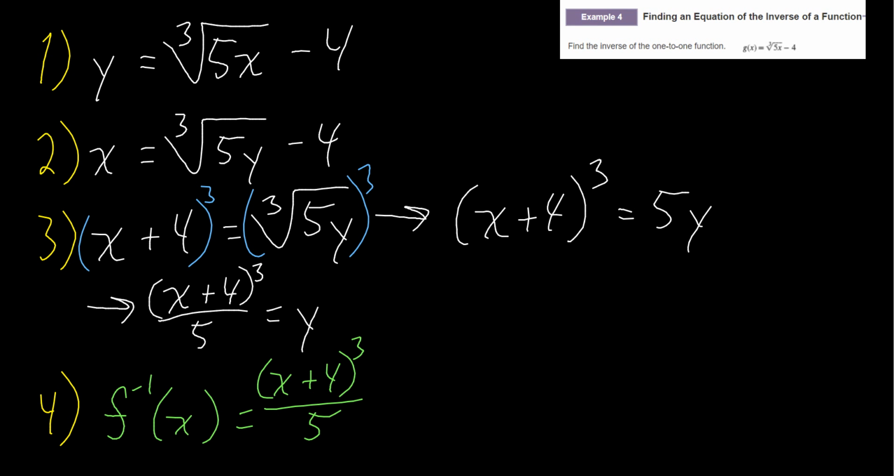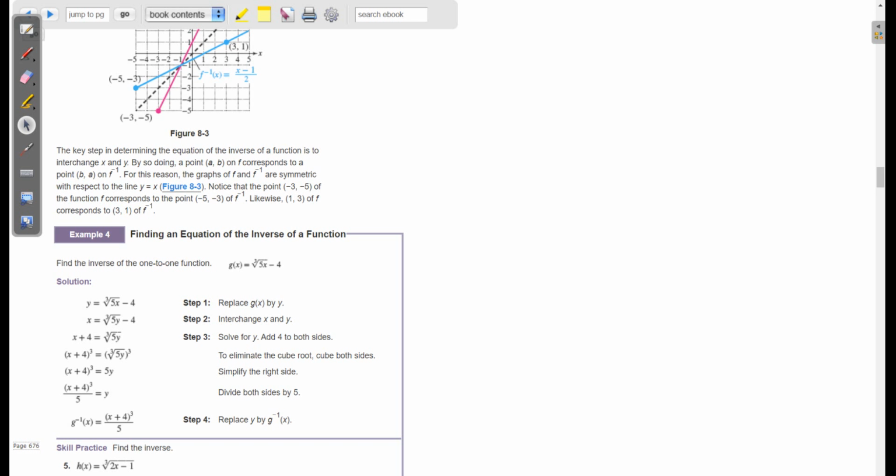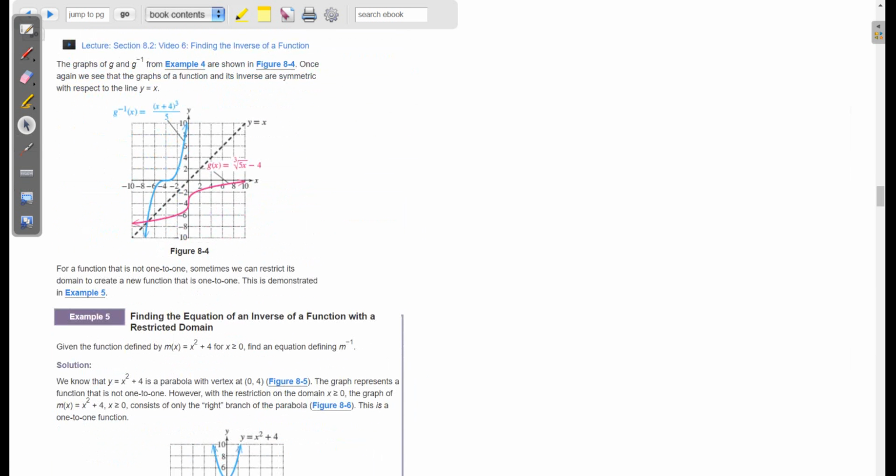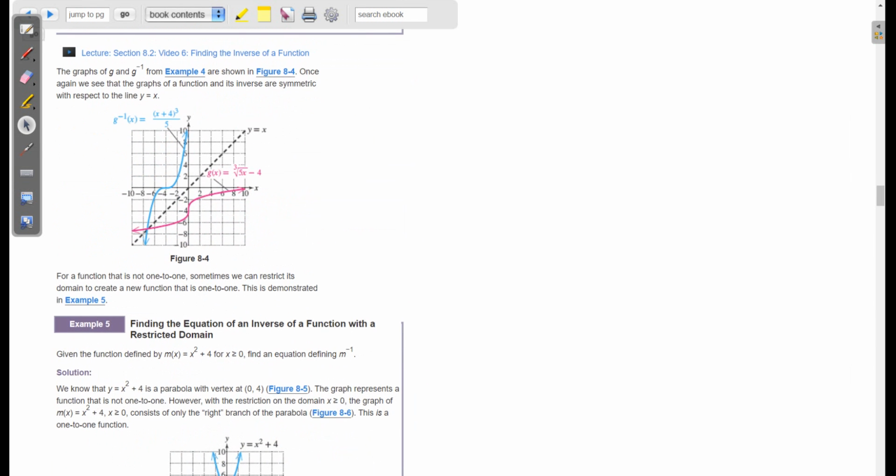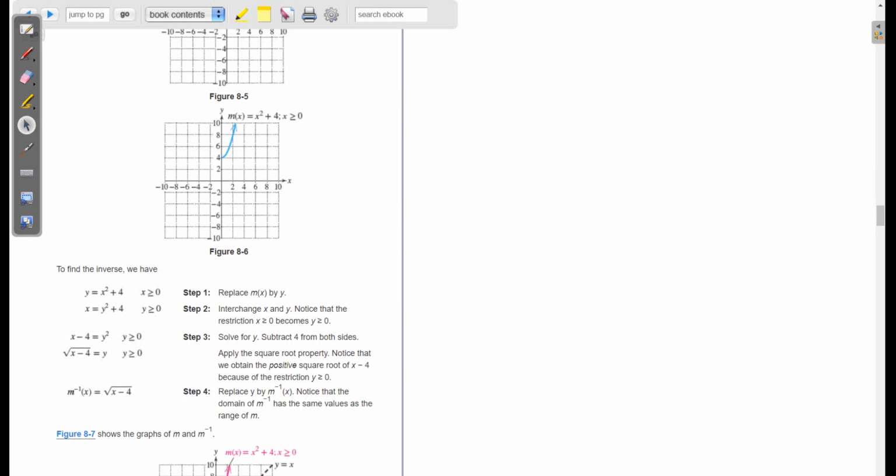And, well, that's it. And the last example for this, we'll go ahead and snip this as well. I think this might be one of those where I want to just snip the actual problem.